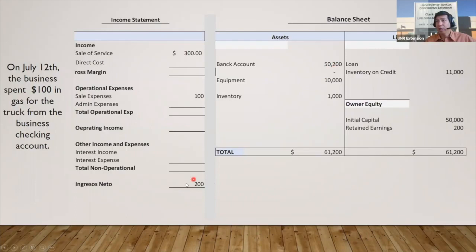Sorry, I said that in Spanish. My profit is $200. Therefore, my retained earnings goes down from the original 300 to 200, because I don't have that kind of profit anymore. I didn't close the year or anything like that. It is an ongoing process.